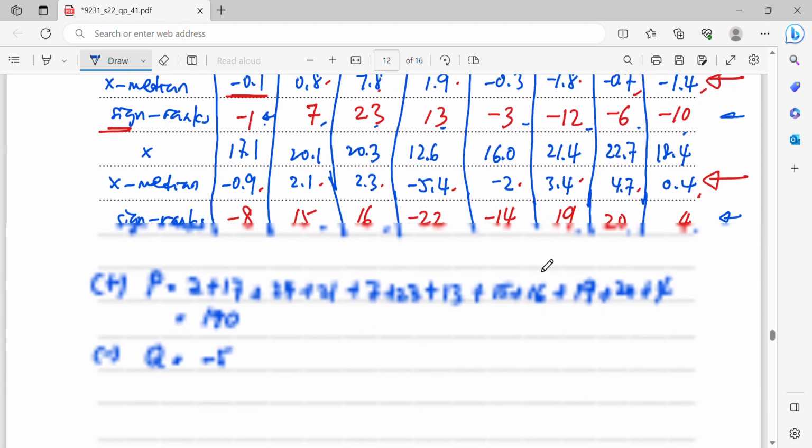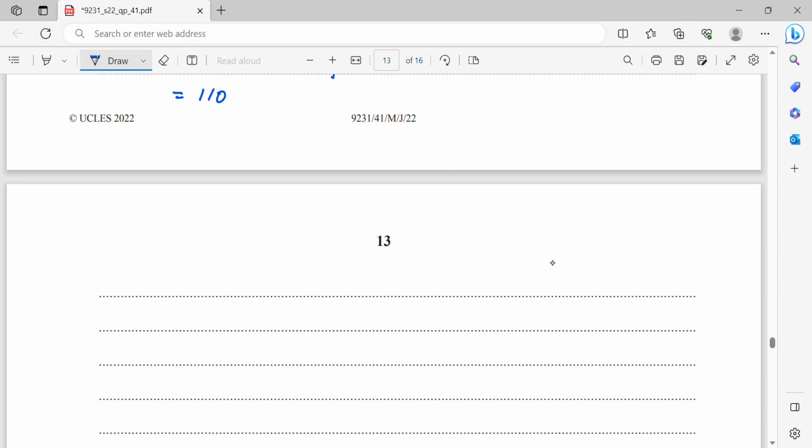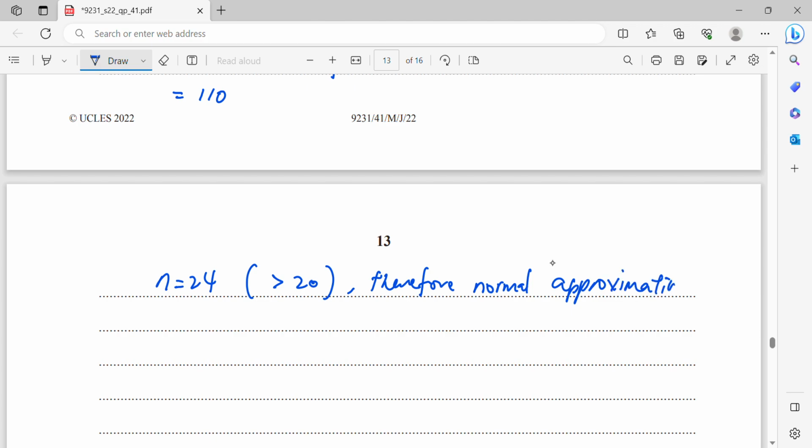So from here I will write n equals 24, which is greater than 20, therefore normal approximation. So instead of solving using the Wilcoxon signed rank test, we now have to change to normal approximation.